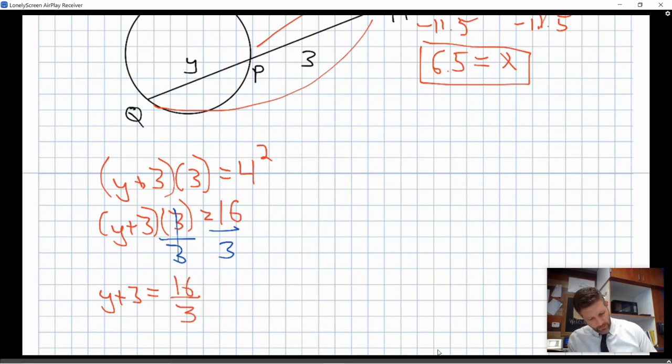Okay? And then we go ahead and just subtract 3 from both sides. But you can crunch that number. Let's see, that would be 3 times 5. So that'd be 5 1/3 if you want to put that in a fraction. And then we subtract 3 from both sides.